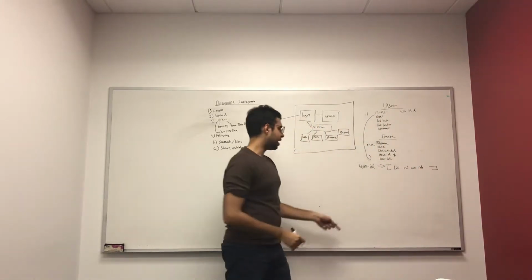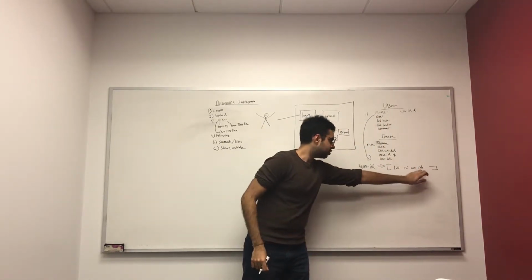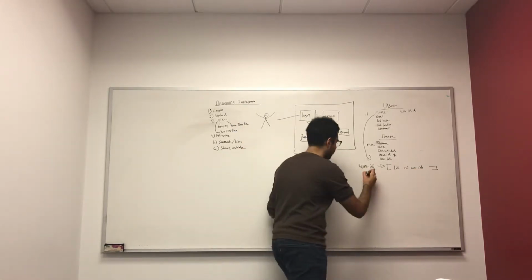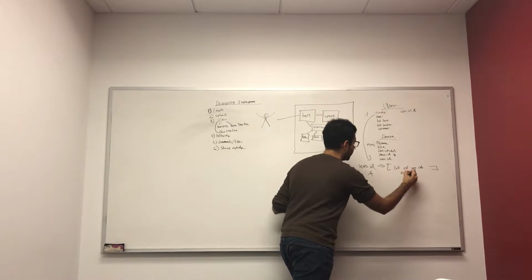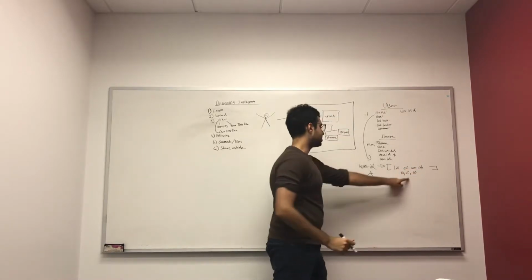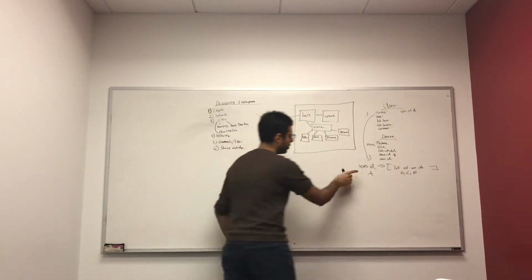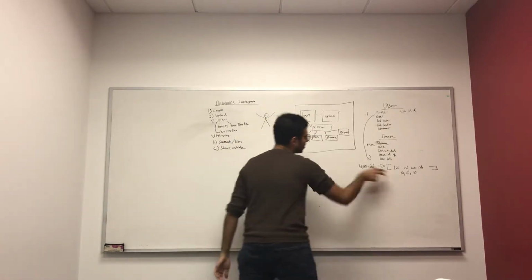This would say that each user in the list follows the user here. So if this is A, and we have B, C, and D here, we can say that B follows A, C follows A, and D follows A. So that's one way we can represent a relationship.